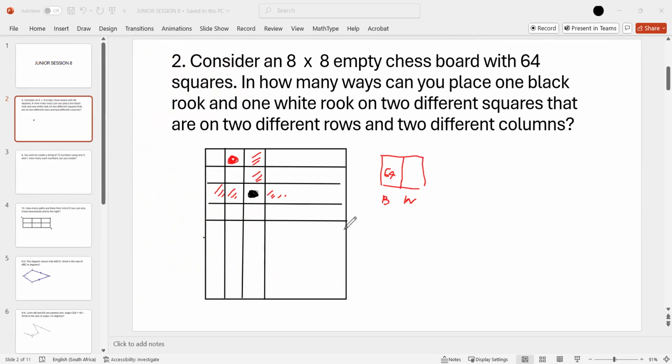So the white rook cannot be placed in any one of how many squares?